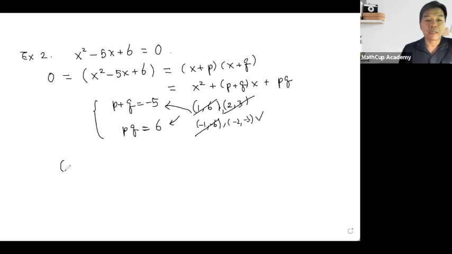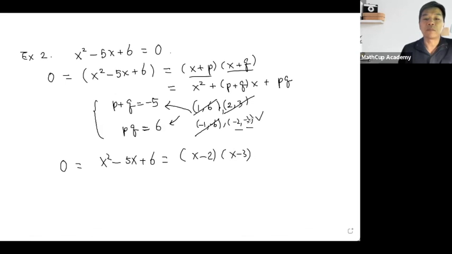That means x squared minus 5x plus 6 equals 0 can be factored into (x minus 2) times (x minus 3), because p equals -2 and q equals -3. It doesn't matter if we switch the order, because this is symmetric.